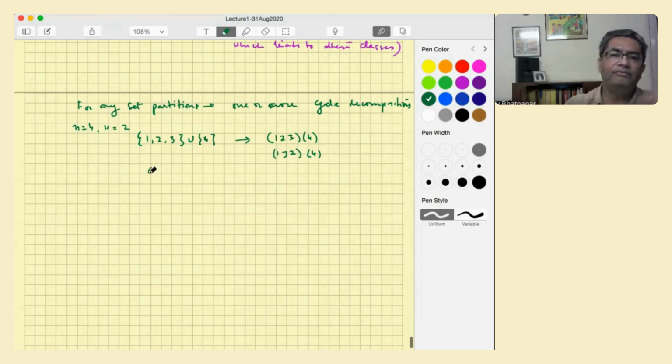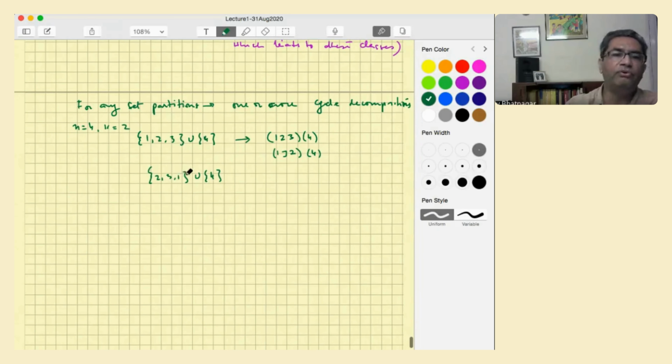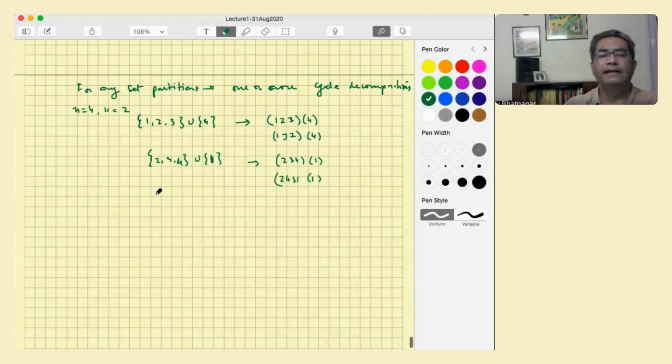And similarly, you have 2, 3, 1 union 4, oh, this is the same thing, 2, 3, 4 union 1, and this will lead to 2, 3, 4, 1, and 2, 4, 3, 1, right? Then 1, 3, 4, union 2, 1, 2, 4, union 3.